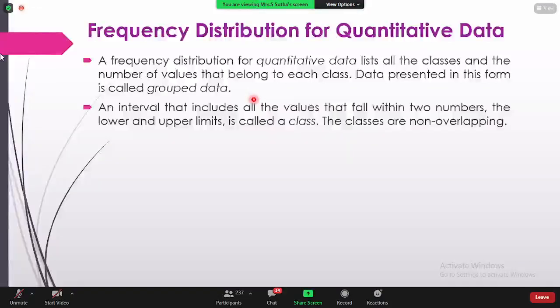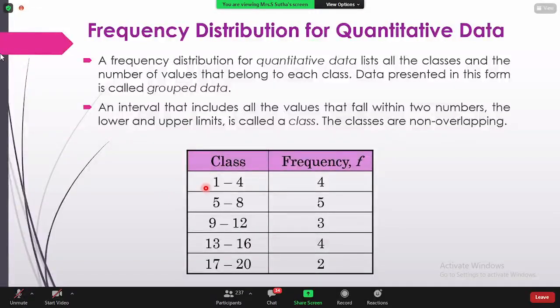If we give just the numbers without classes, that is an ungrouped frequency distribution. An interval, that is a class, includes all the values that fall between two numbers, the lower and the upper limit. The classes are non-overlapping.